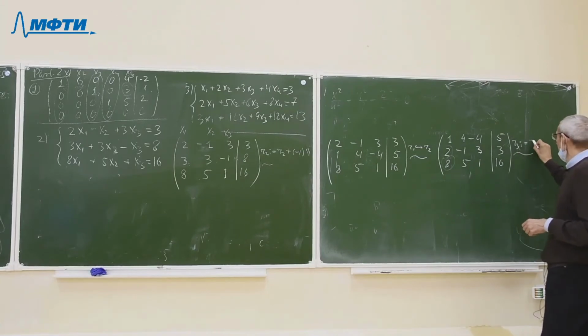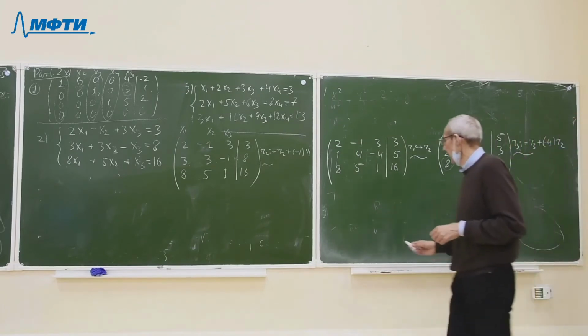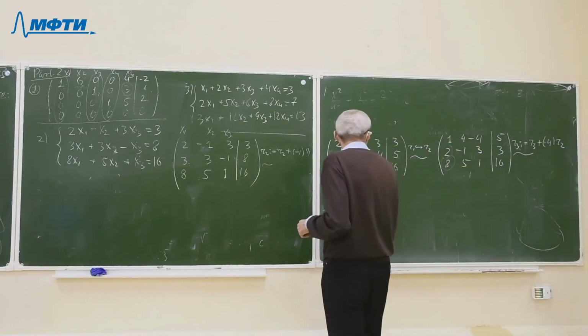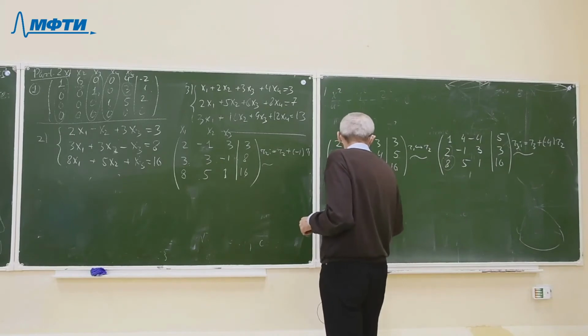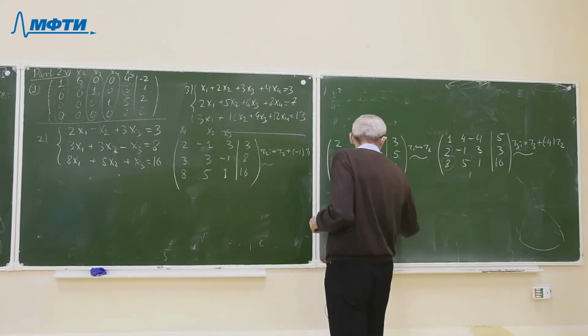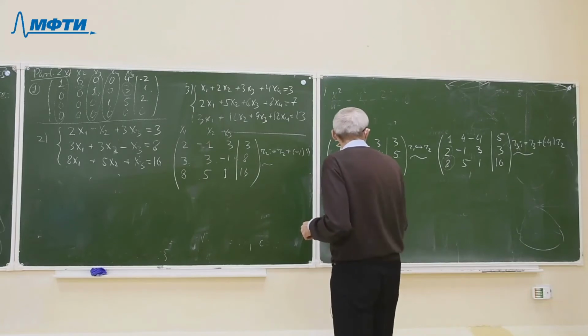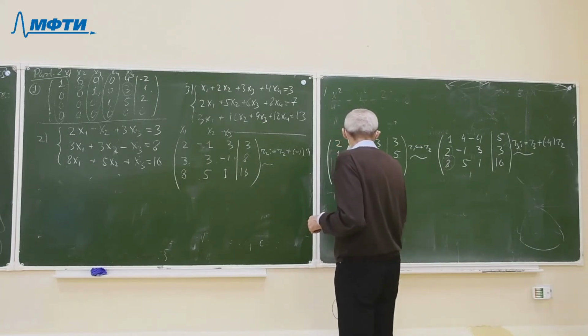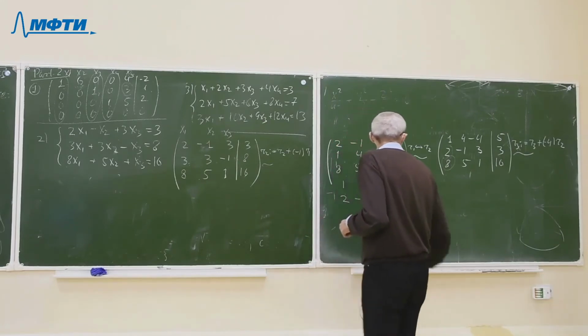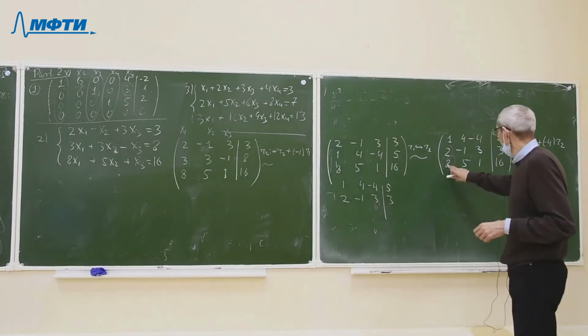R3 is equal to R3 plus minus 4 R2. The second row is not changed. The first is not changed. The third row is changed.